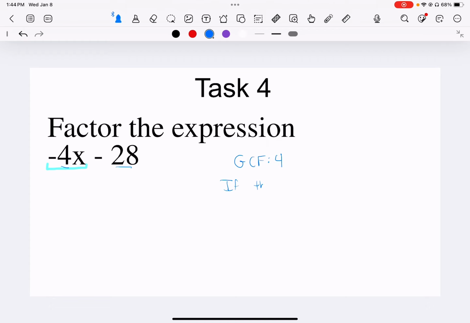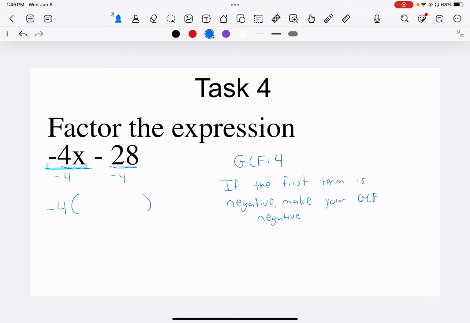If the first term is negative and you're factoring, you're going to make your GCF negative as well. So we're going to have a negative 4 outside our parentheses. That's what we're going to be factoring out. So I'm going to divide both of these terms now by negative 4.